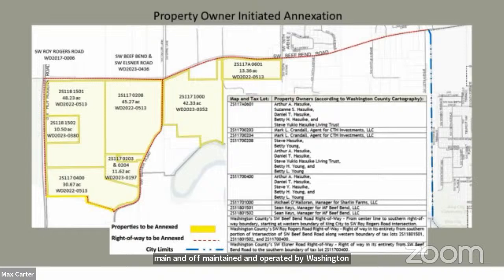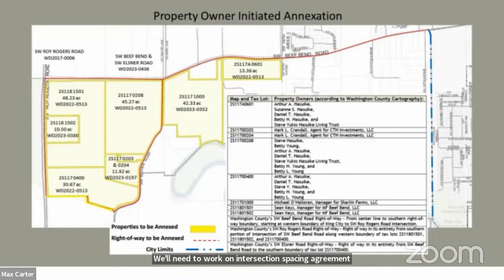And so what we'll need to do is work with Washington County as well as the city of Tigard to identify where those intersections are, what the streetscape is, as well as the cross-section of those facilities. I think Roy Rogers is slated as 5 lanes, and Beef Bend is slated as 3 lanes. So we'll need to work on intersection spacing agreements with Washington County.